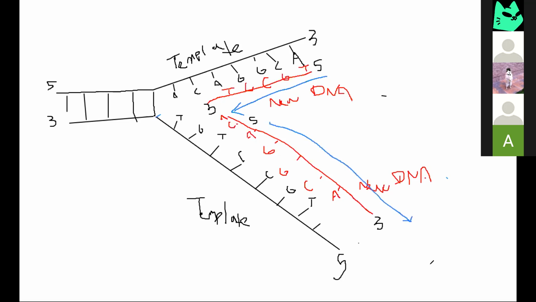Now check it out. You've made 2 DNAs here, guys, using the rules, but these 2 DNAs are actually different and they have 2 different names. The way we can tell the difference between the 2 DNAs that are made during step 1 and step 2 is it depends on which direction they go.